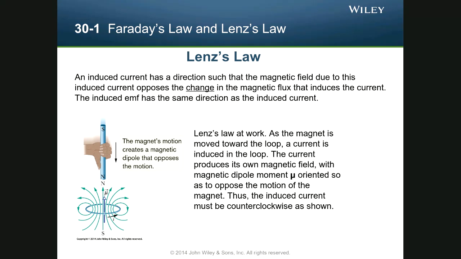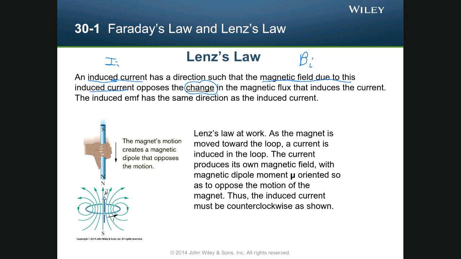But what Lenz's law states particularly is that an induced field or induced current has a direction such that the magnetic field due to this current, so this is going to be I induced, so B induced, the magnetic field due to this current, opposes the change, keyword here, underlined and circled, in the magnetic flux that induces the current.